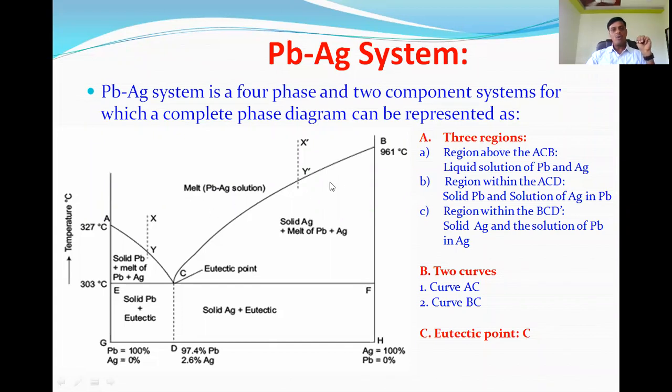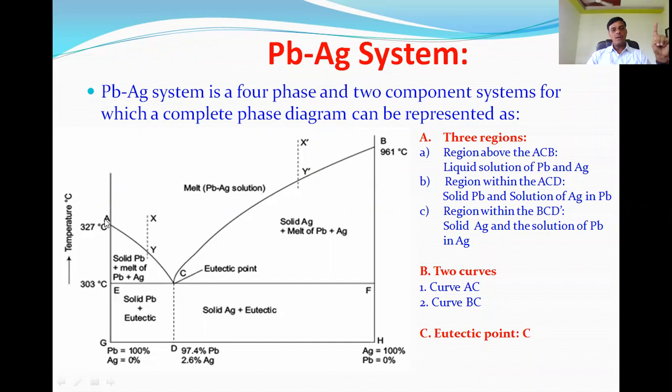The area above ACB belongs to the existence of solution of lead and silver. लेड सिल्वर सिस्टीम इथं molten form मध्ये, वितळलेल्या अवस्थेमध्ये हे सोल्युशन इथं आढळतं आपल्या कुठल्या कर्व ACB च्या वर.